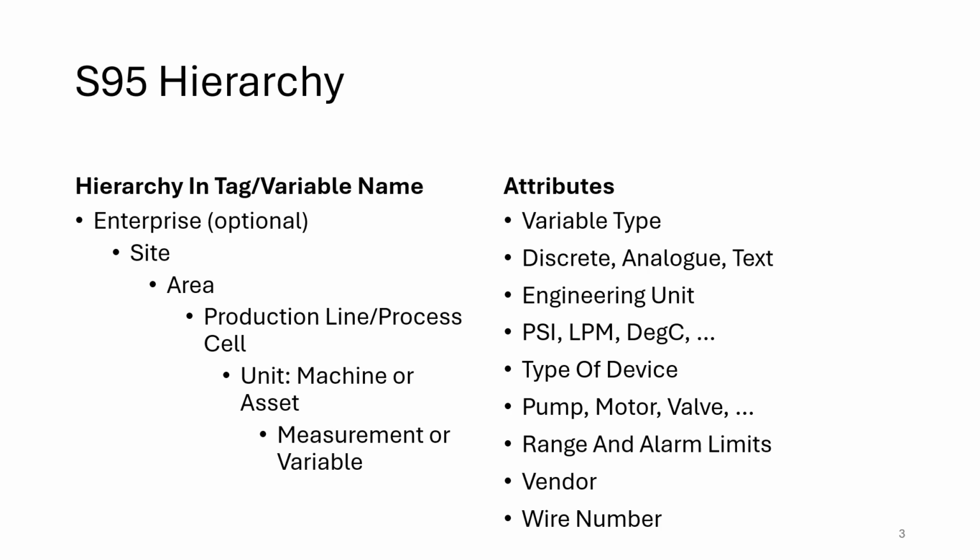And then you can add site, area within that site, production line or process cell, the unit or machine or asset, and then the measurement or variable. Attributes can include variable type, whether it's discrete or analog or text, engineering units, type of device, range and alarm limits, vendor, and even wire number.